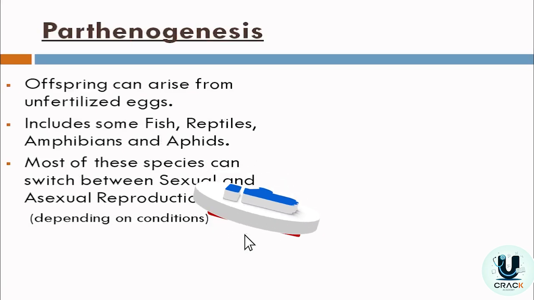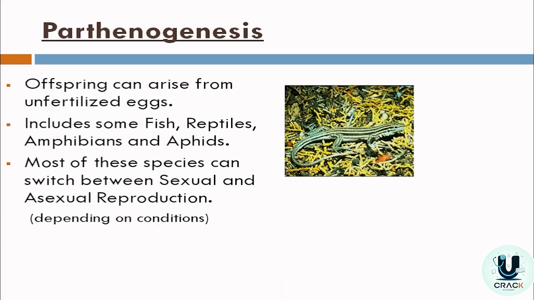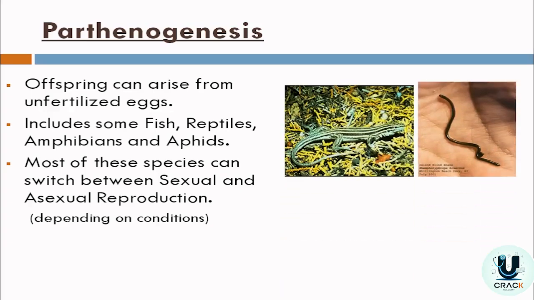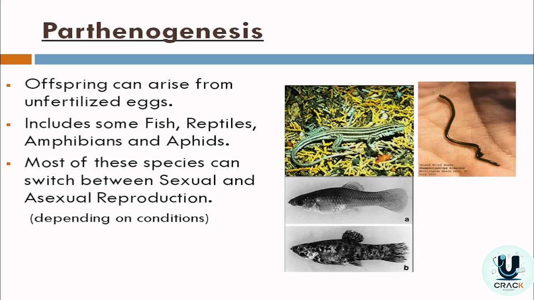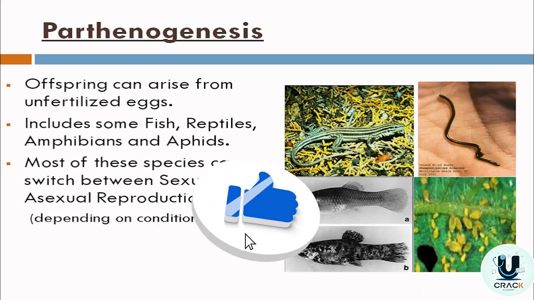Offspring can arise from unfertilized eggs, including some fish, reptiles, amphibians and others. Most of these species can switch between sexual and asexual reproduction. Look at it. Yes, fish. Yes, these are the organisms.